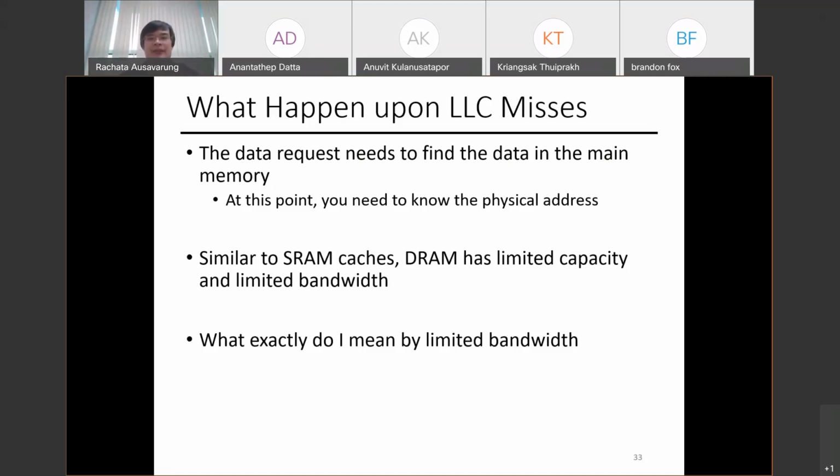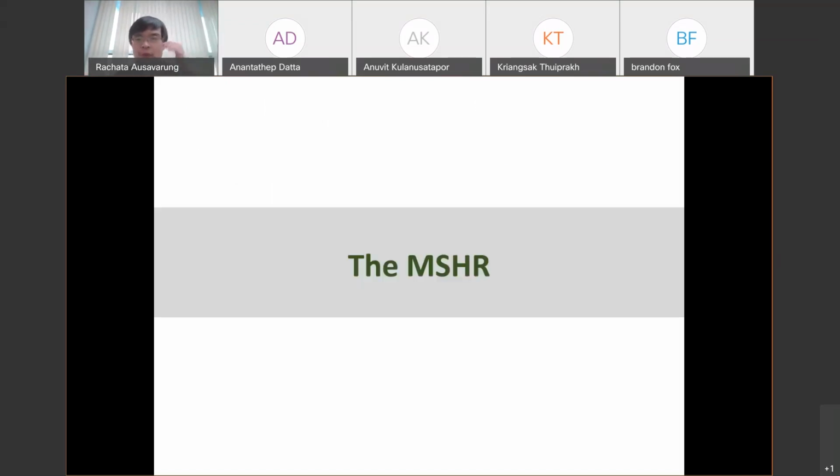In terms of bandwidth, it's similar to capacity, but we'll discuss what governs that bandwidth. But before we go into that, let me introduce one more structure in the cache.